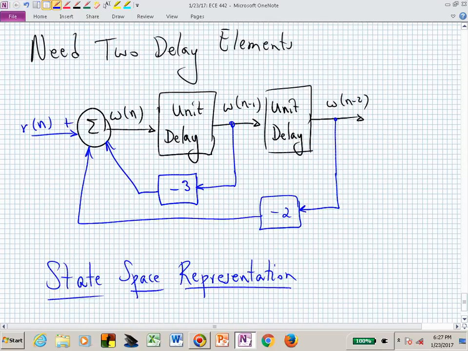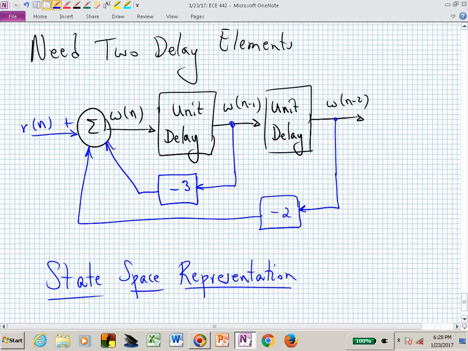How big is your state vector? Your state vector is so many rows tall, and it's just one column wide. How many delay blocks do you have? That's how many delay block outputs you have. You have 2 delay blocks. You should have 2 state variables.